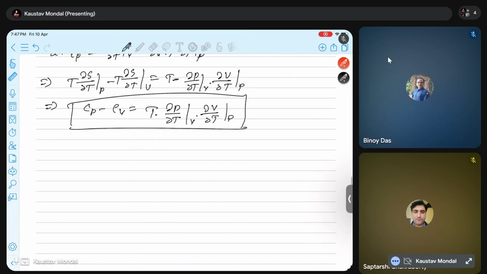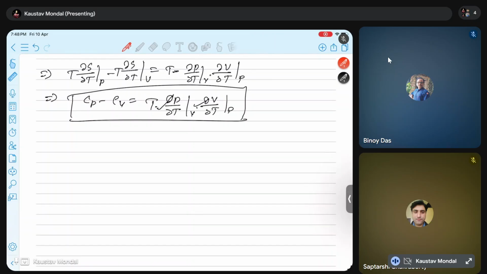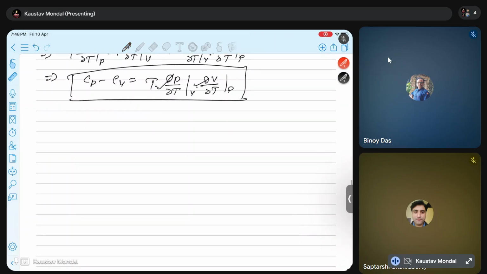So for that, we need both the derivative of the pressure with respect to temperature and the derivative of volume with respect to temperature. So let's first write the equation of the Van der Waals gas.